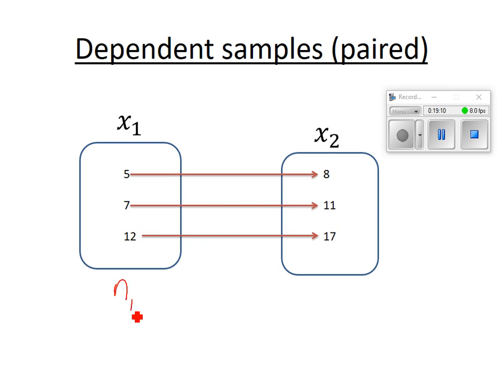The N in this one, how many there are in the sample, has to equal the N in that sample. That makes more sense than 5 and 3. So they have to be dependent, they have to match up, they have to be paired.